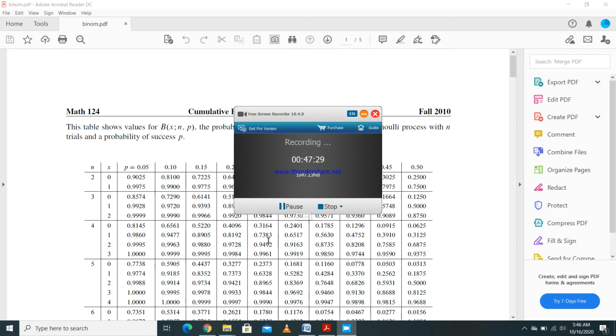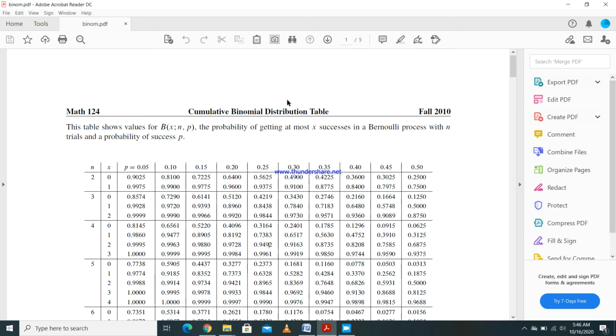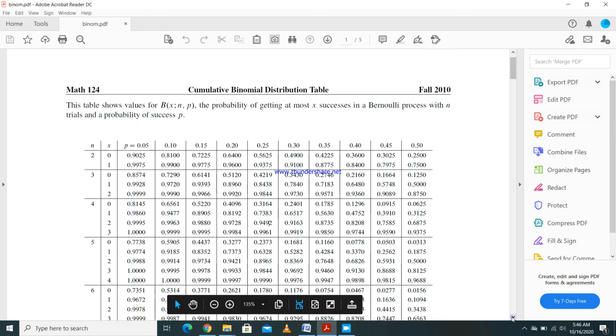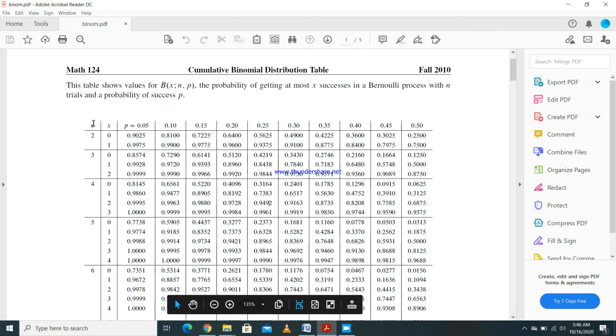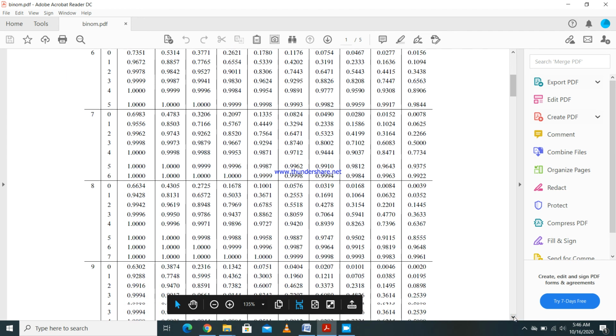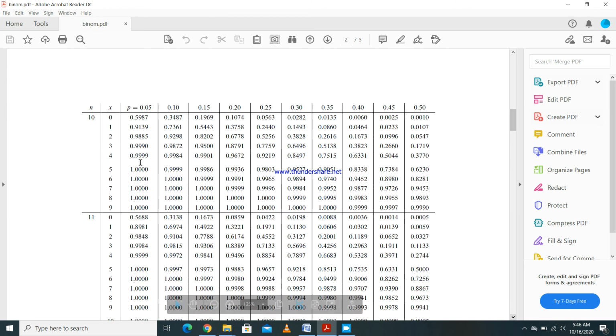So what you have to do is take this cumulative binomial table, and since our sample size is 10, see in the first column you have the sample size, so you refer to 10. And in this row, you have the probability of success.